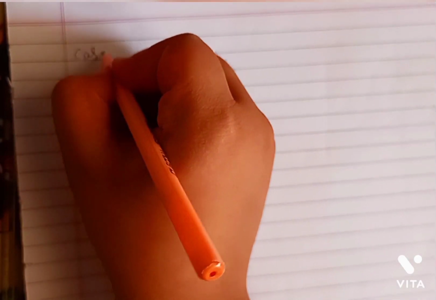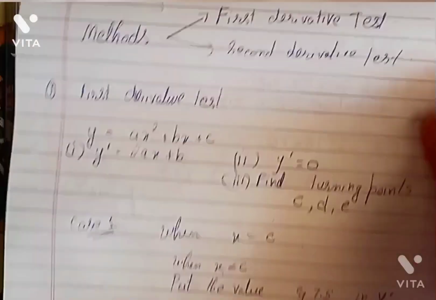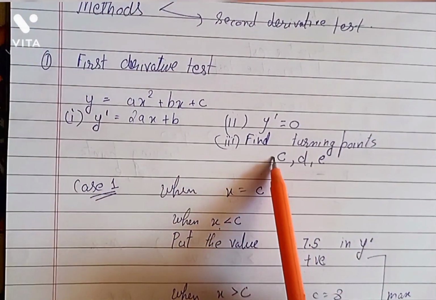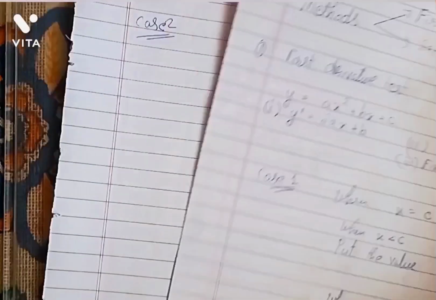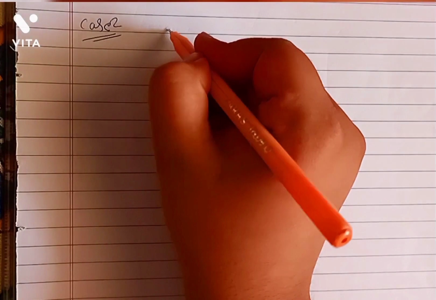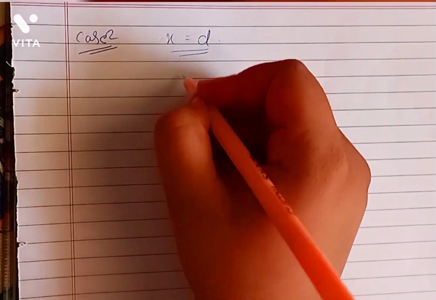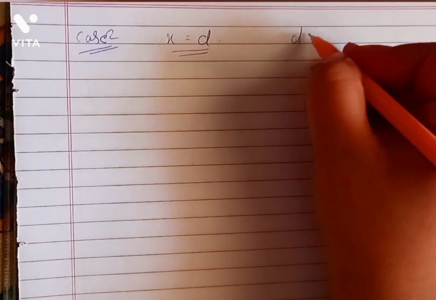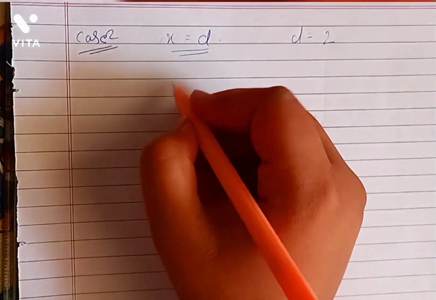So now let's take a new case, that is case 2. In case 2, you could see over here, I have taken turning points at C, D, E. For C, I told you how to find. Now I have taken the D point. Suppose when X is equal to D, firstly I'll take D as something like 2.